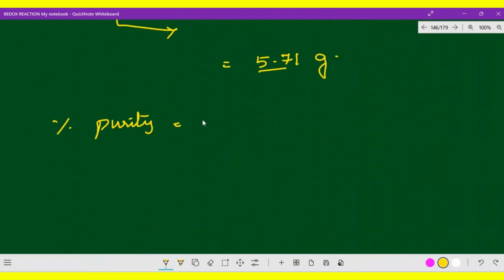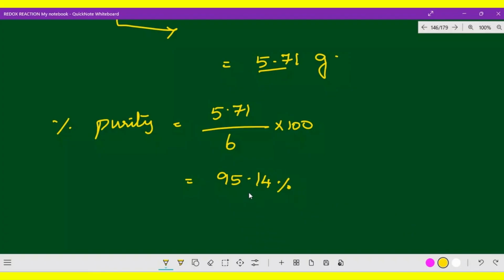So 5.71 divided by 6 into 100. How much will you be getting? 95.147, actually 714 percentage.